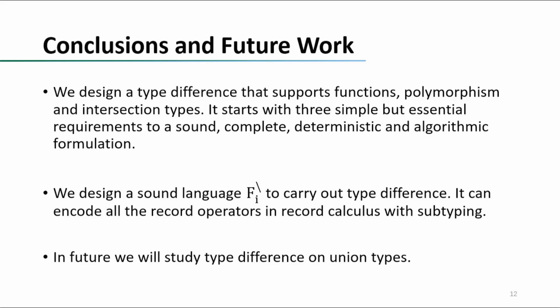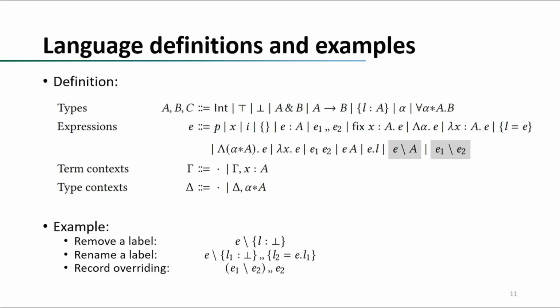Okay, I have a question: if you go back to the syntax for the polymorphic, there we go. The bound that you're putting on polymorphic types in the for all type, that's alpha star A. Could you say a bit about why that particular choice for the constraints that you're putting on generic types? Yes.